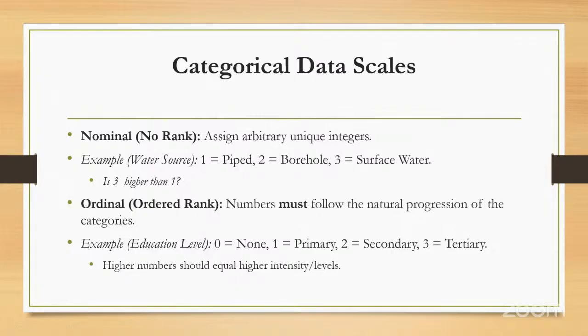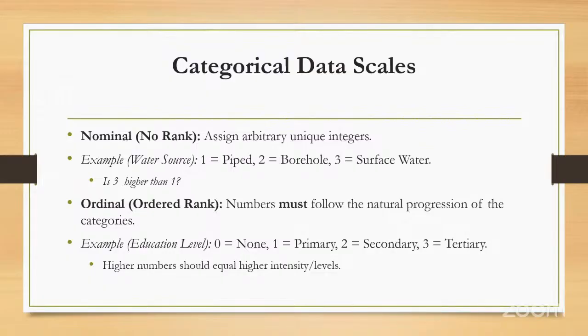other forms of categorical data is the nominal one I just mentioned. So this is a good example. There is no ranking. What is the source of your water? Piped? Is it borehole? Is it surface water? You can find out that it's just different forms, right?